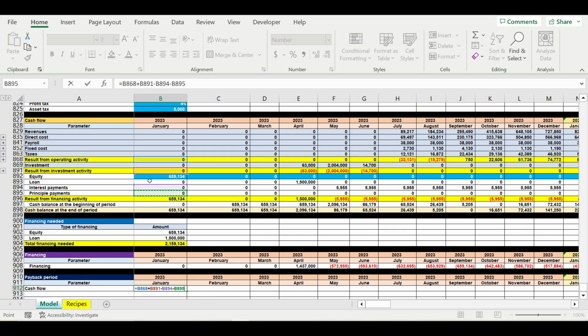We're not adding the inflows of equity and loan, to see whether the project itself can generate its own cash without any compensation from our pocket or the loan. So then I'm pressing enter. Then I'm making this formula cumulative.